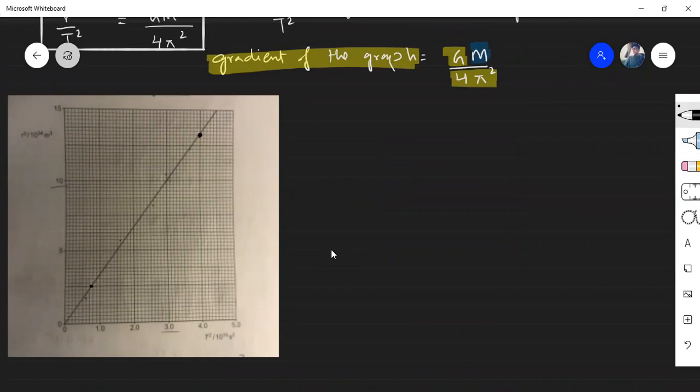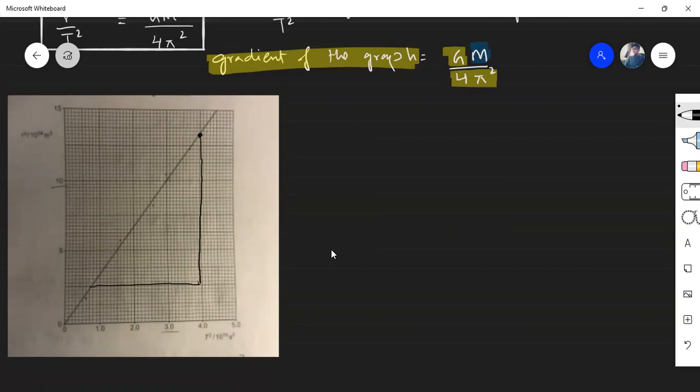And what we're going to do is draw a triangle to find the gradient. So we took this point and, okay, what's the height of this?